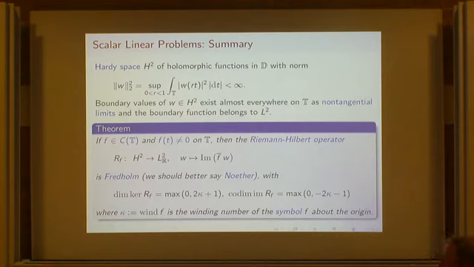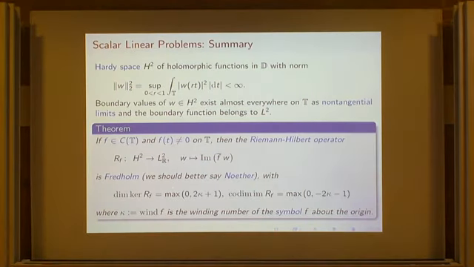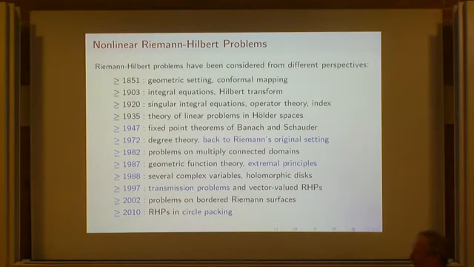The dimension of the kernel and the codimension of the range are given by these formulas, where kappa is the winding number of the symbol F about the origin. So if kappa is positive, then we have a non-trivial kernel, and if it's negative, the operator is not surjective, so we need additional conditions on the right-hand side to get a solution.